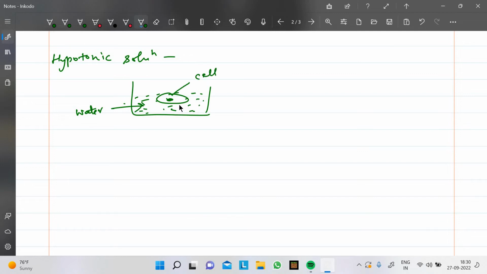What will happen? The concentration of water compared to the cytoplasm is nothing; it is dilute, and hypotonic. Whereas the cell cytoplasm is hypertonic.